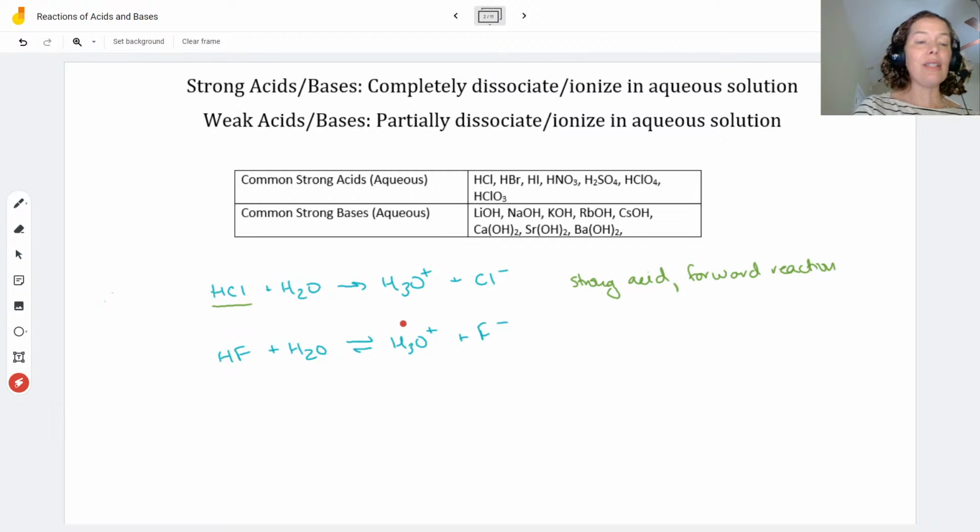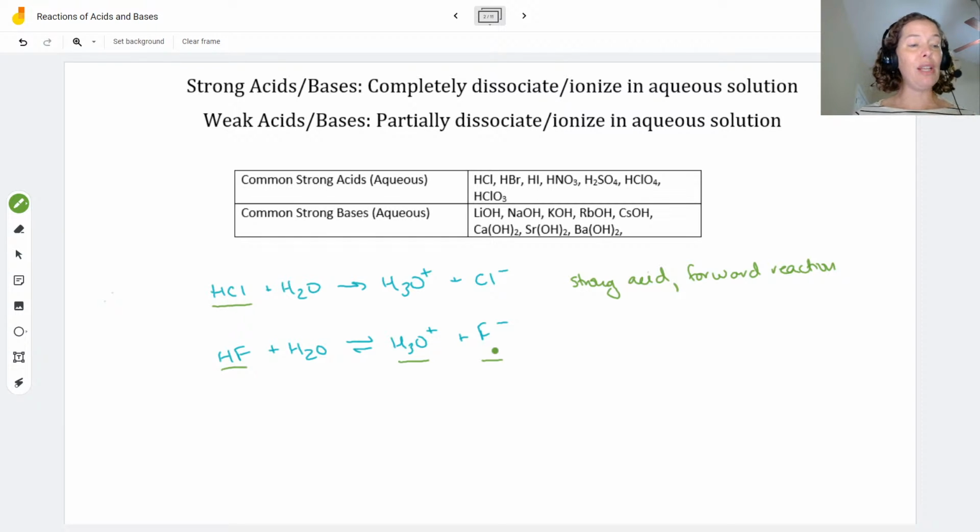That means in solution you have some hydrofluoric acid that is still bonded together, and you have some hydronium and some fluoride. So you have the forward reaction that happens, but you also have the reverse reaction that happens. Again, the hydrofluoric acid partially dissociates or partially ionizes in aqueous solution.